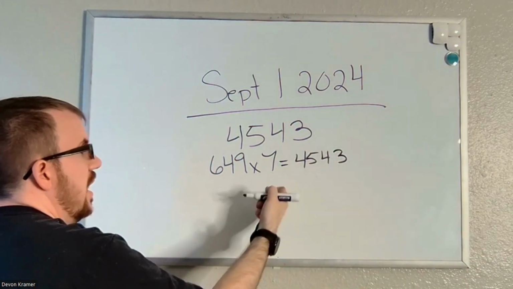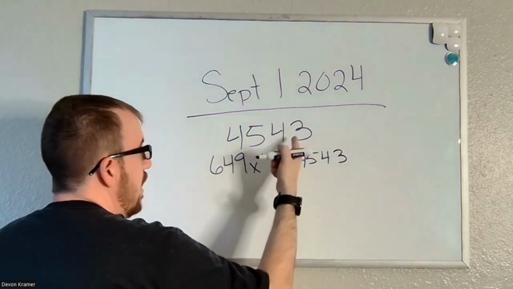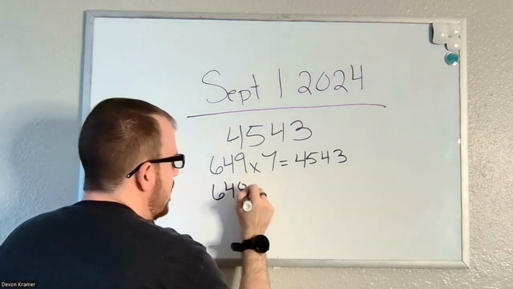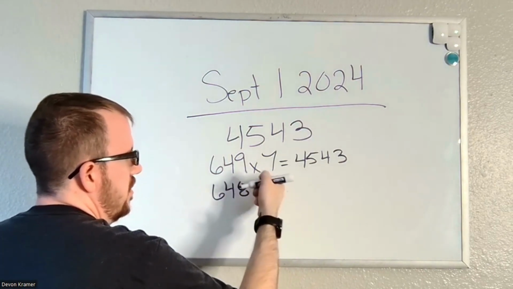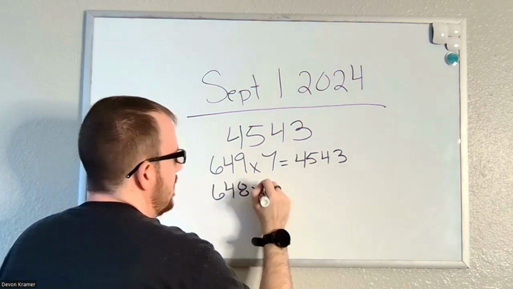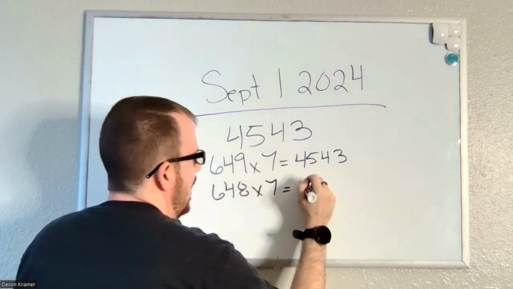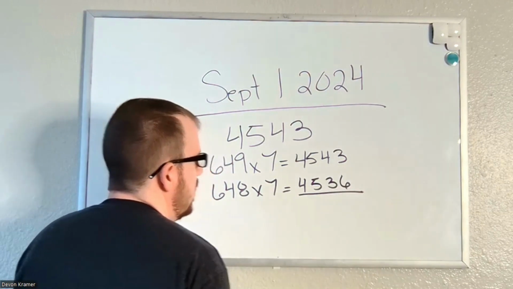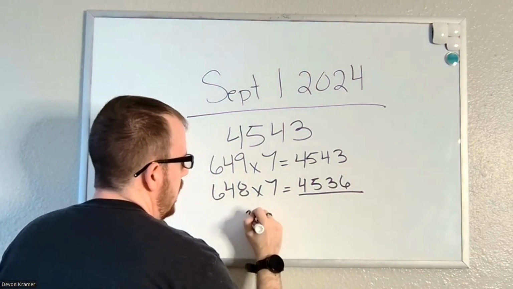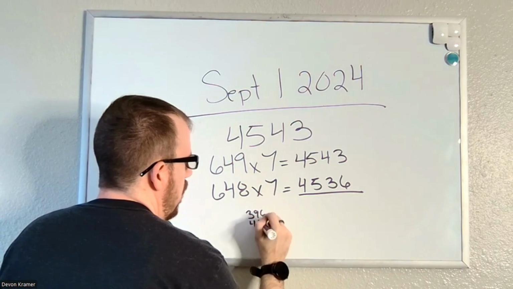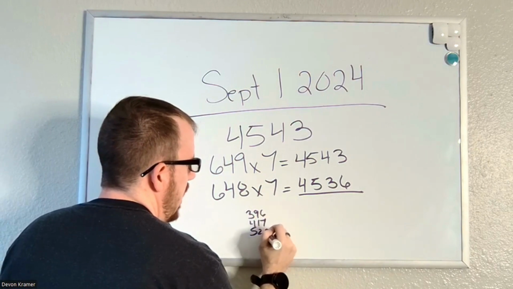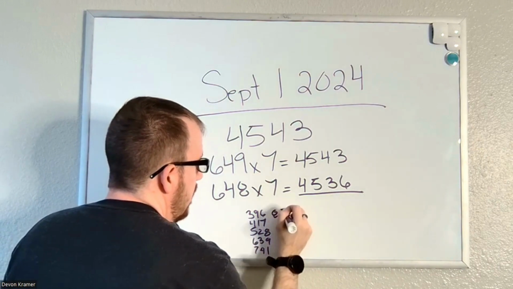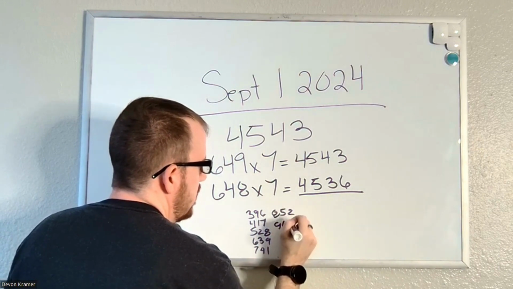But on top of that, you can drop that because we know we have 7 years. So it can be 648, because again, you're only talking about 7 years. So 648 times 7 is going to end up being 4,536. 4,536 is the total of 3, 9, 6, 4, 1, 7, 5, 2, 8, 6, 3, 9, 7, 4, 1, 8, 5, 2, and 9, 6, 3.